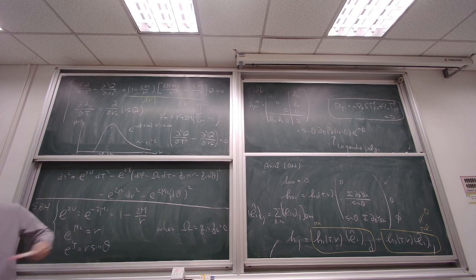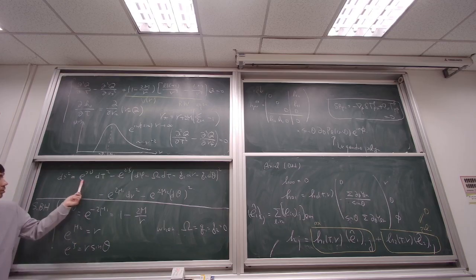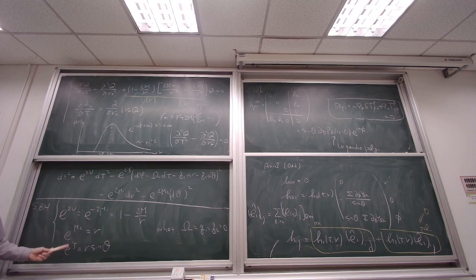If you assign Ω equal to 0, q1 equal to 0, q2 equal to 0, and then assign the specific values, for instance e^{2μ1} should be this inverse, and e^{2ν} should be this one, then these are exactly what appear in the spherical metric of S².